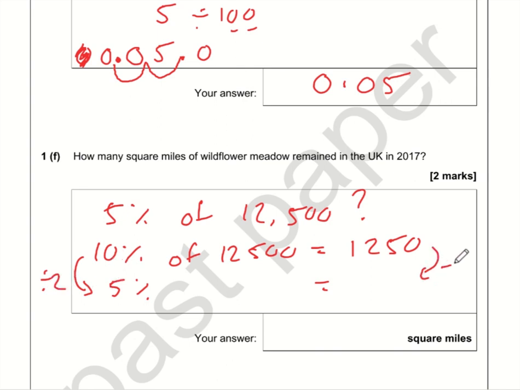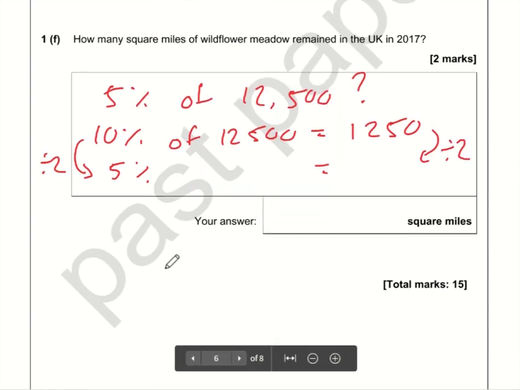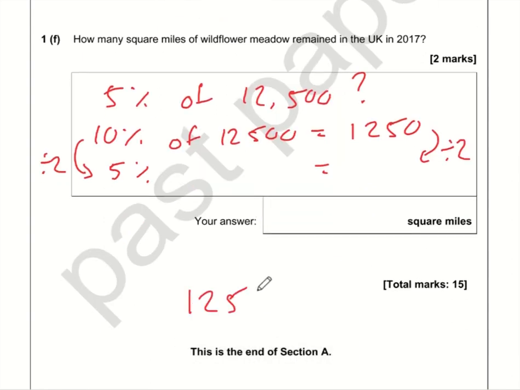So all I need to do is divide 1,250 by 2. Do a little bus stop if you need to. 1 divided by 2 can't be done. Slide the 1 across. 12 divided by 2 is 6. 5 divided by 2 is 2 with a remainder of 1. 10 divided by 2 is 5. So that is 625 square miles. And that is the end of section A.